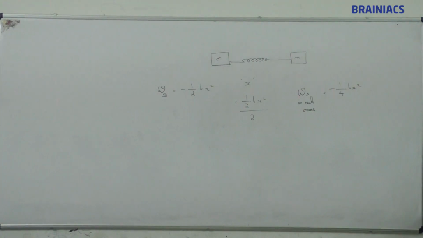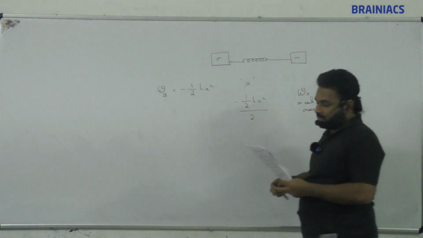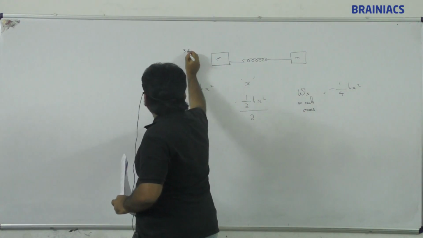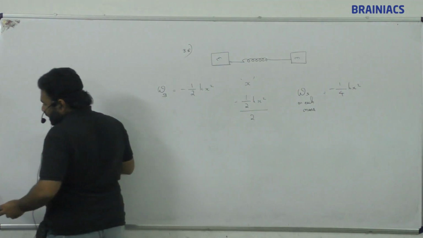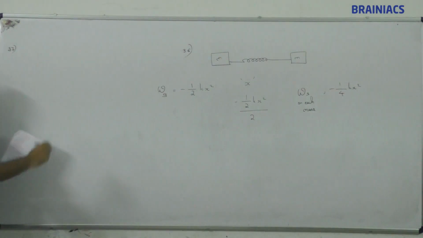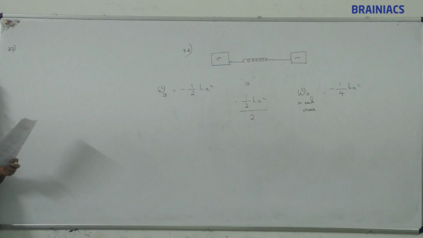Which question number is this? 36. Done. Next question is 37. A proton has positive charge. If two protons are brought near to one another, what will happen to the potential energy of the system?